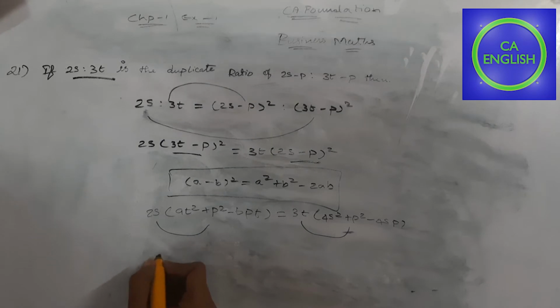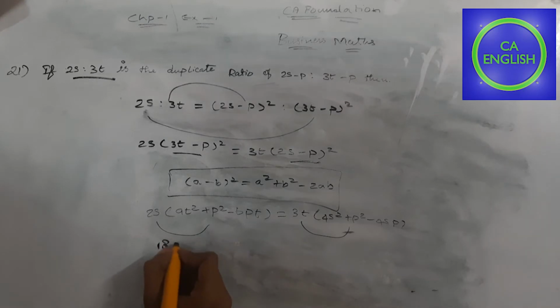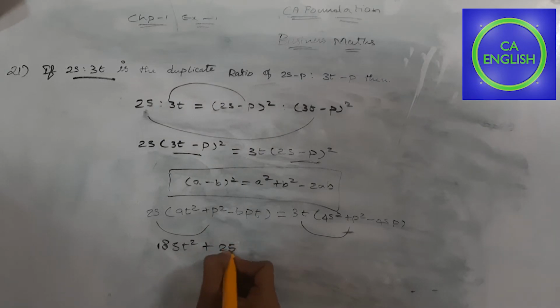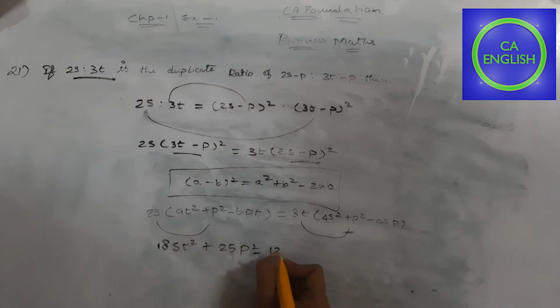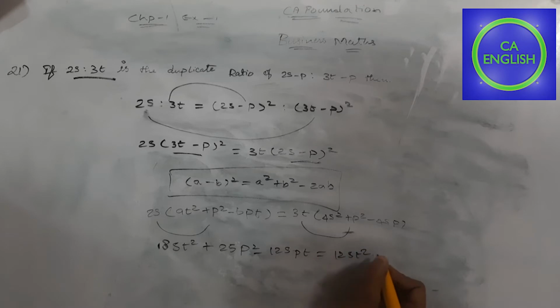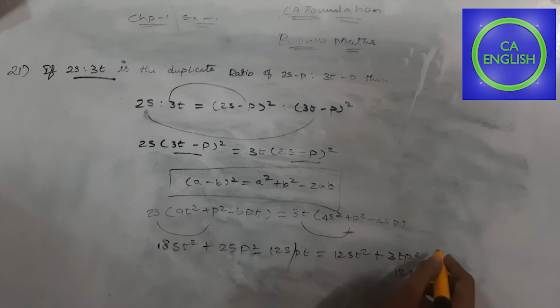Now we multiply and the answers will be 18 st square plus 25 p square minus 12 spt equal to 12 st square plus 3tp square minus 12 spt. Here the common terms are 12 spt. We can cancel this one.